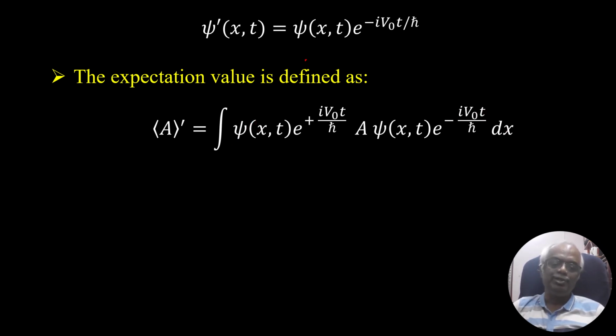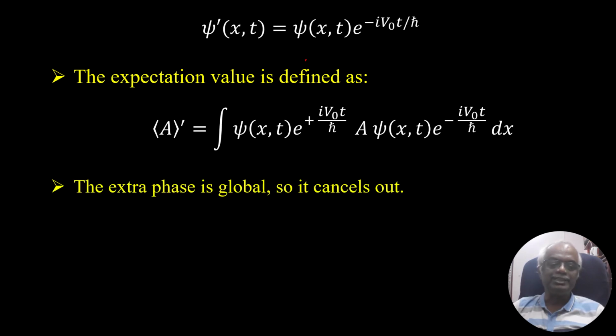Now you can easily cancel out this exponential term. That extra phase factor is global. So this cancels out. If you multiply this and this, you will get 1, just a multiplicative factor of 1.